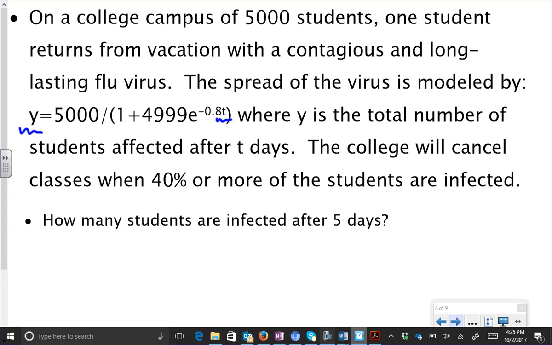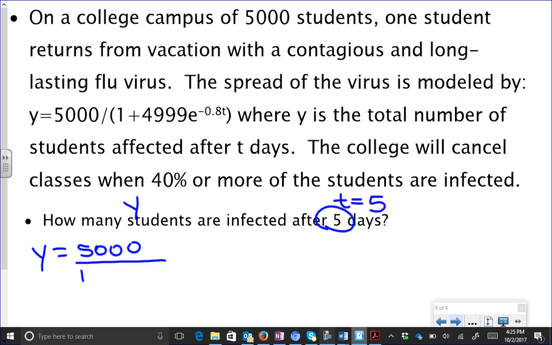Why is the total number of students affected after T number of days? The college will cancel classes when 40% or more of the students are infected. So the first thing that we need to do is figure out how many students are infected after 5 days. So how many students, that means we are looking for y, and after 5 days, that means our time, T, is 5. So all we need to do here is plug 5 in to our equation. Now everybody needs to practice this to make sure that they can get the correct answer.